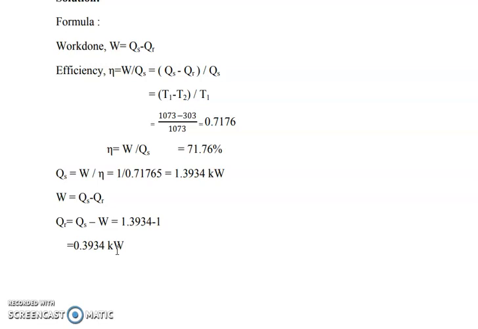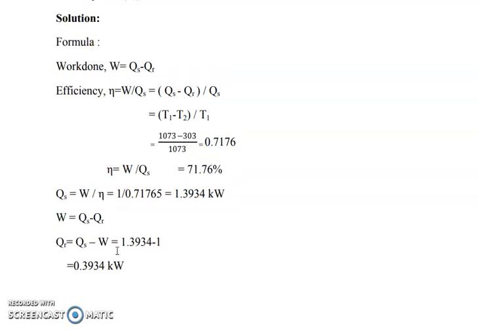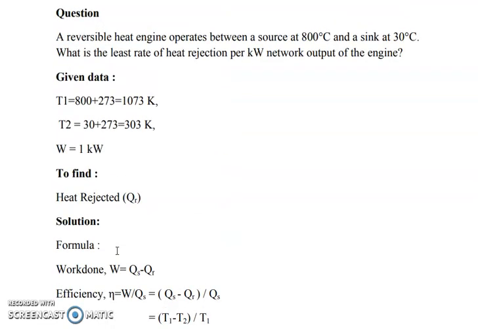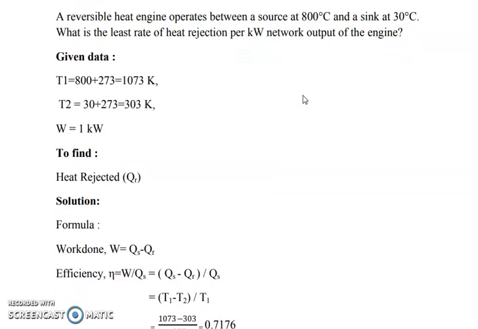Okay, there is a heat engine operated between the temperature range of 800 degrees Celsius and 30 degrees Celsius. If this is operated at these temperatures for producing 1 kilowatt work output from the engine, what is the least rate of heat rejection? That is your question.